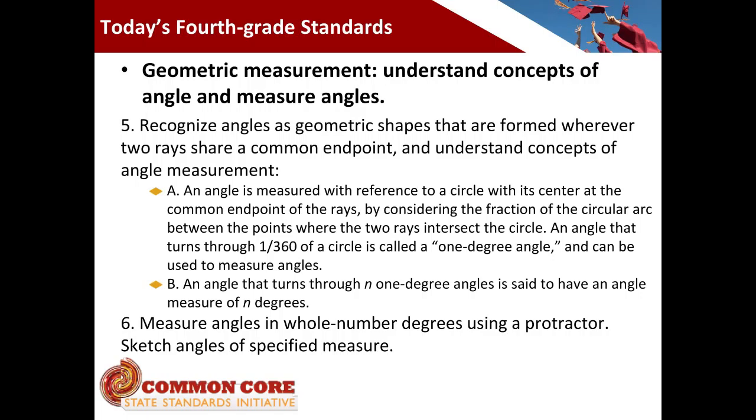Letter A here is very specific and very clear what we're doing. We're going to have them measure the volume of boxes with whole number side lengths, and we're going to pack them with unit cubes, and we're going to show that they are two things, and this is very important.